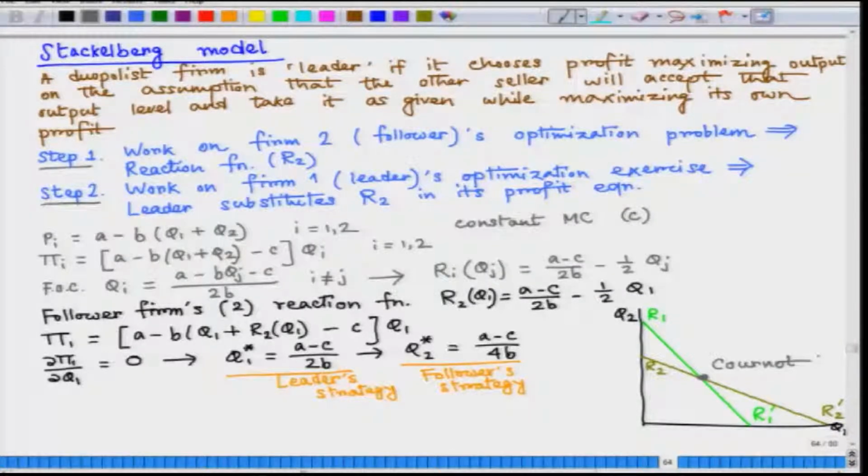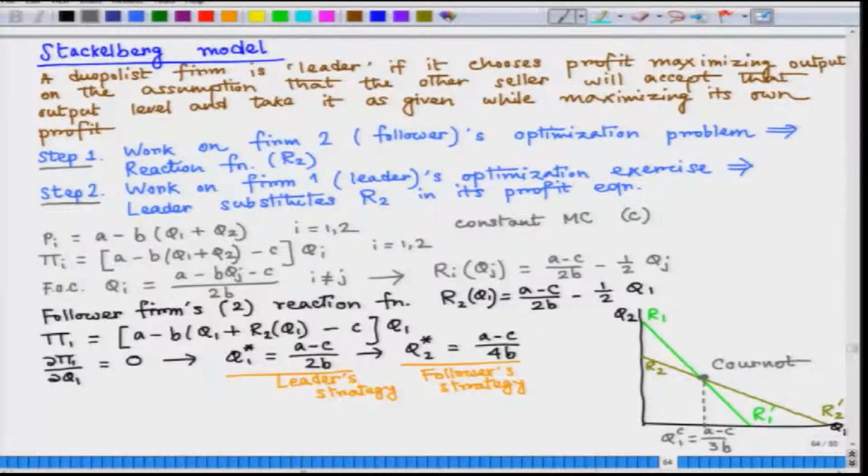Now, if we solve our Cournot model, which I leave up to you, you will see that we get the output of the Cournot duopolist firm from the axis, and let me now note down that output level. So, this is QC1, denoting the Cournot equilibrium output level for firm 1, and that is going to be (A minus C) divided by 3B in this case. Okay, fine. So, now what is the Stackelberg outcome?